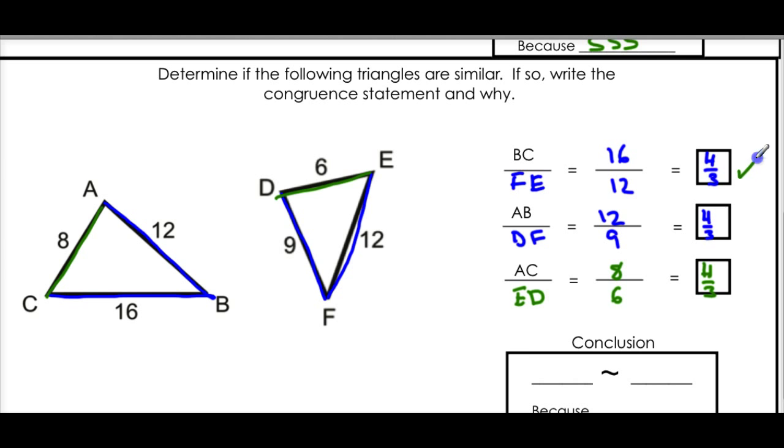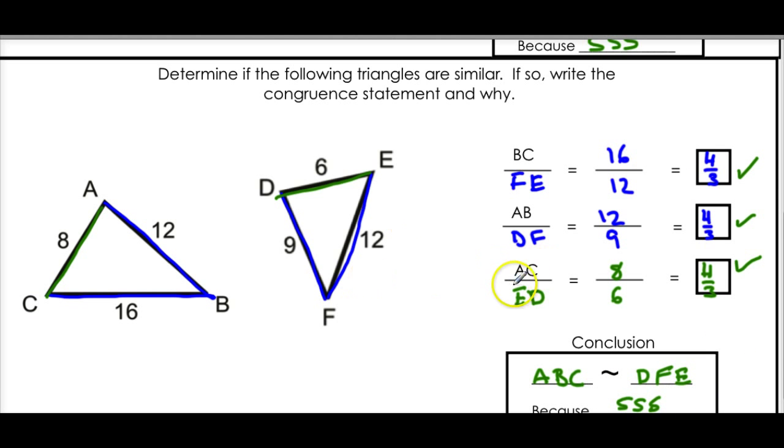And look at that, the ratio of all three is the same, so these two are similar because they're all the same. So A, B, C is similar to D, F, E because of side-side-side similarity.